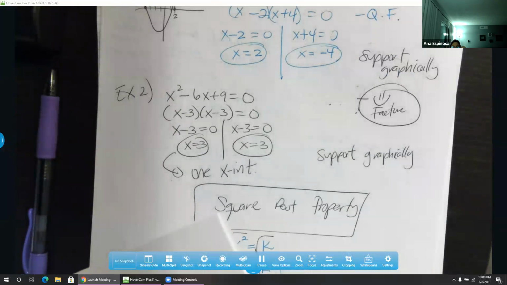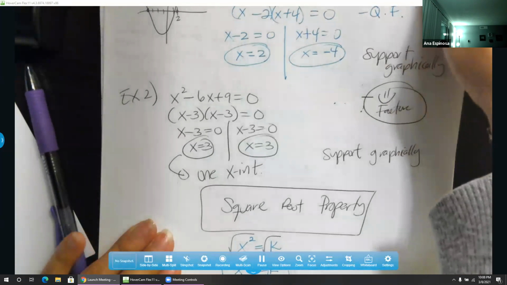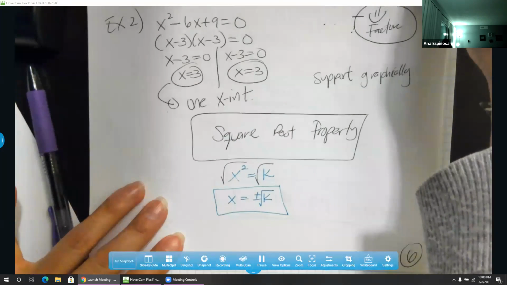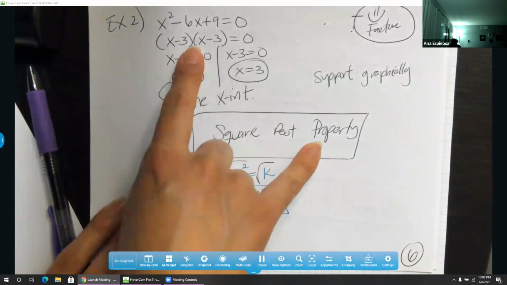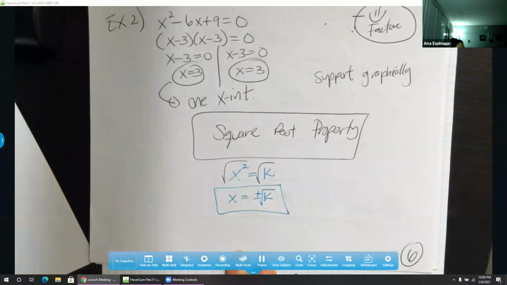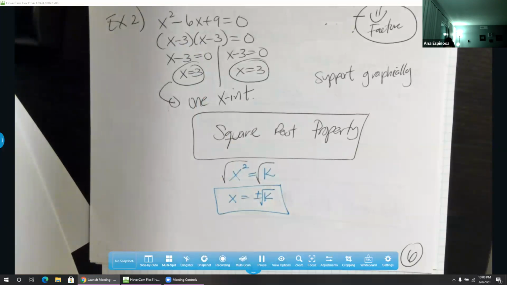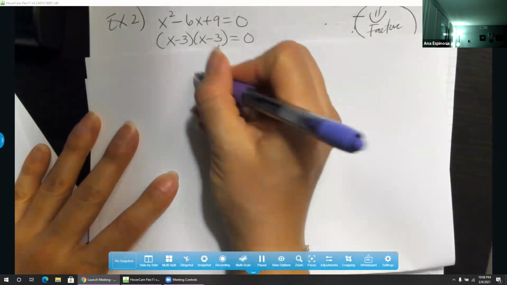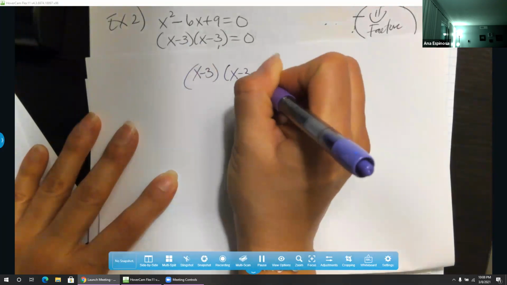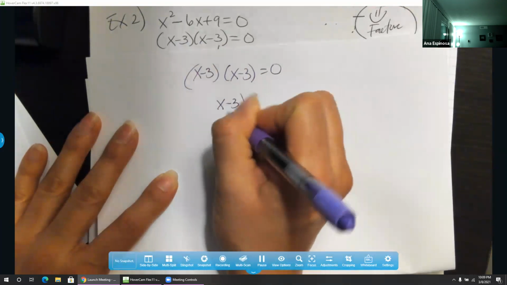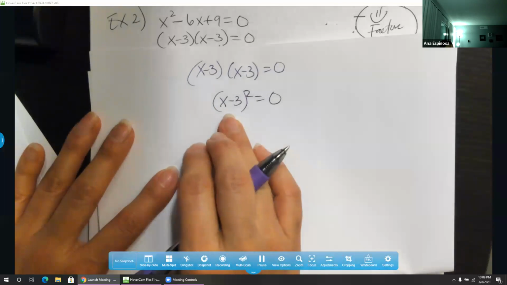Okay. The square root property is down here, and that's another way to solve it. Why the square root property? Because if you end up with x minus 3 times x minus 3, that essentially means x minus 3 squared. x minus 3 times x minus 3 equals 0 means x minus 3 quantity squared, because it's the same thing twice.